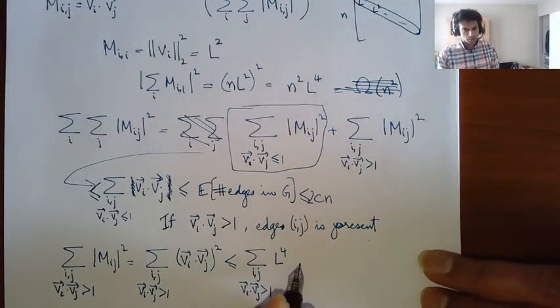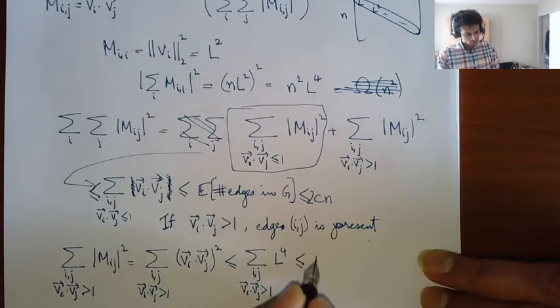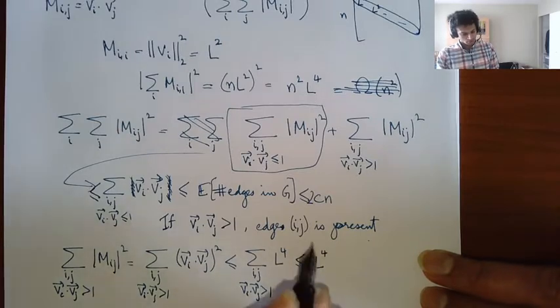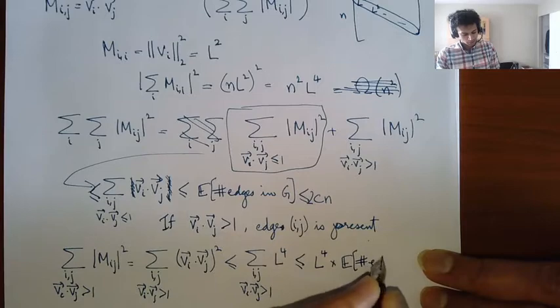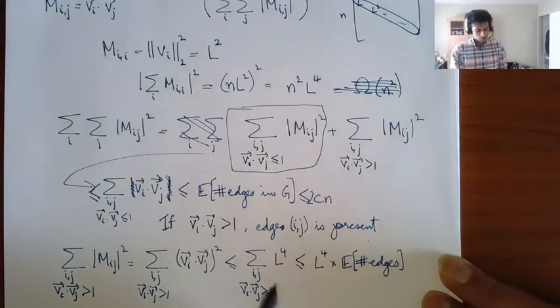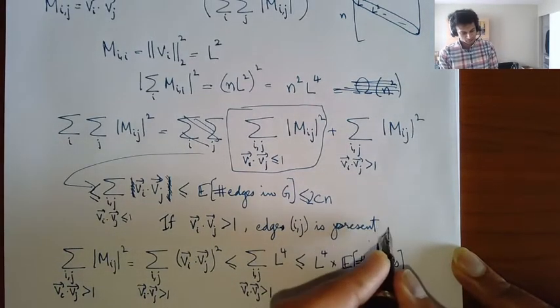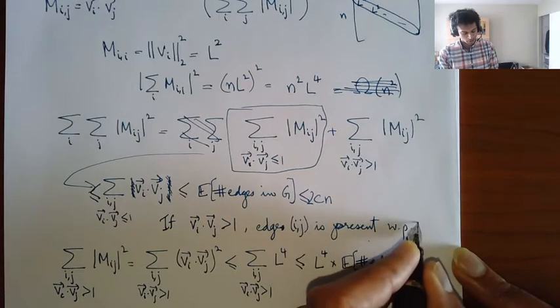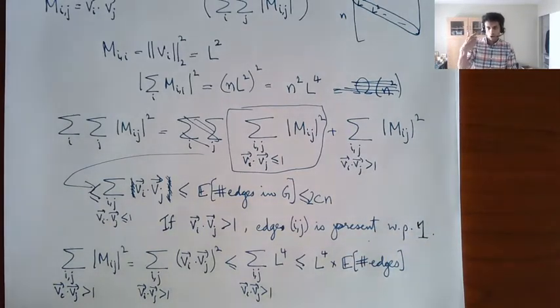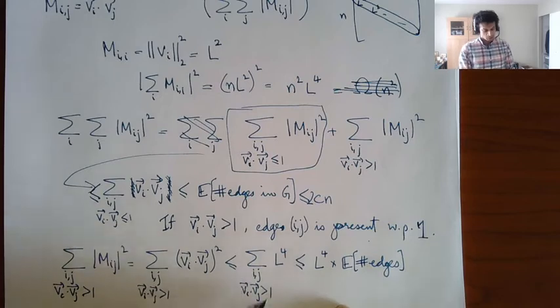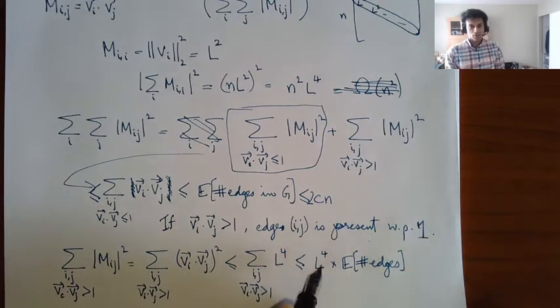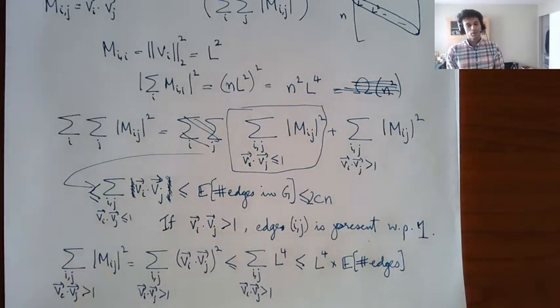So this is going to be at most L to the fourth times the expected number of edges, because if vi dot vj is more than 1, that edge is present with probability 1, it will always be present.